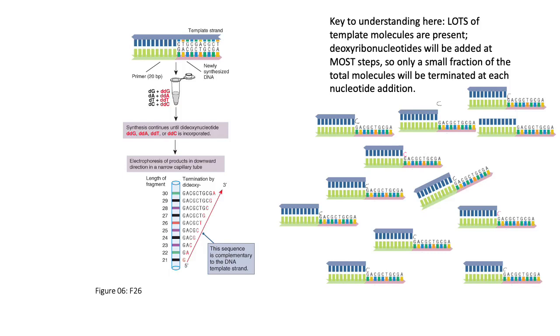Well, what if I told you the dideoxynucleotide could have something else attached to it? This is easy to do. We can find ways to attach things to the nucleotides that will not get in the way of the polymerase, and so they will be treated like a normal base.